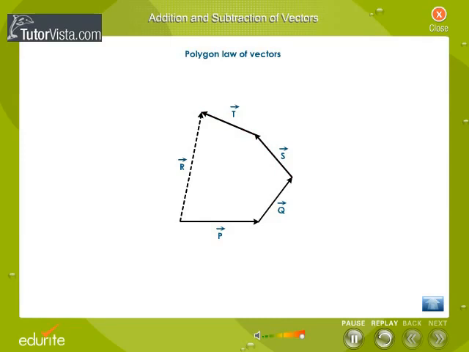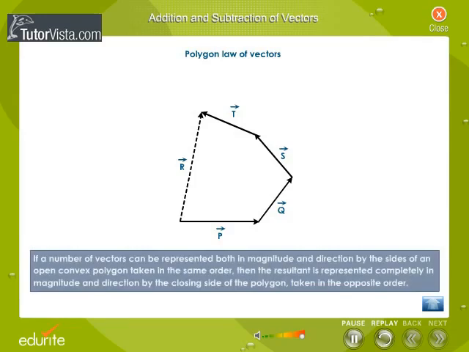This is the polygon law of vectors. It states that if a number of vectors can be represented both in magnitude and direction by the sides of an open convex polygon taken in the same order, then the resultant is represented completely in magnitude and direction by the closing side of the polygon taken in the opposite order.